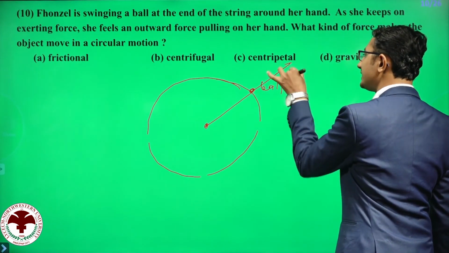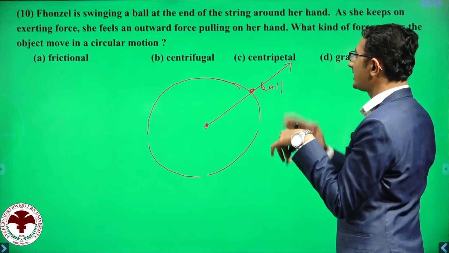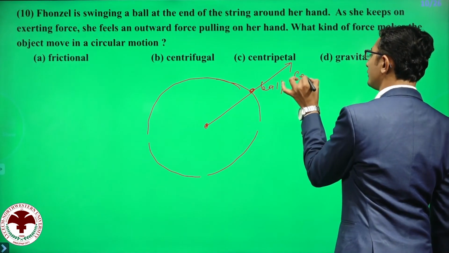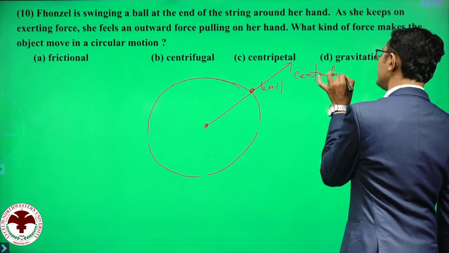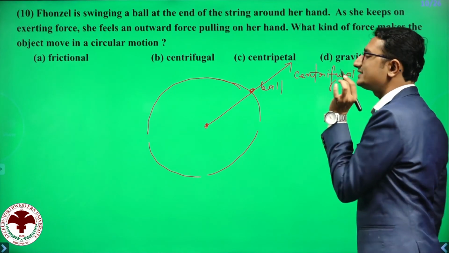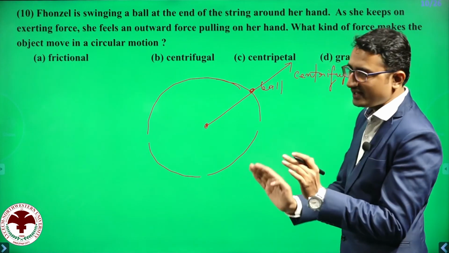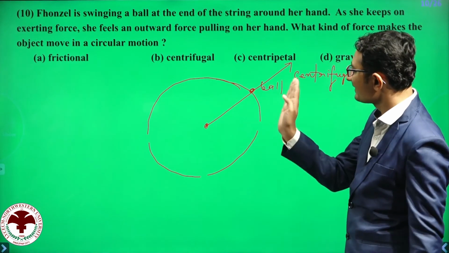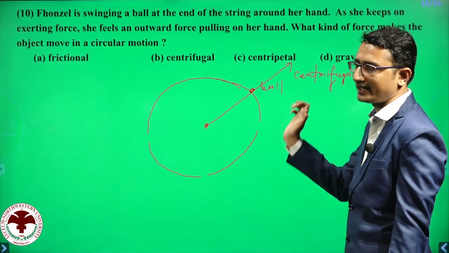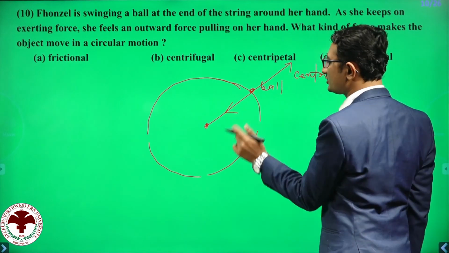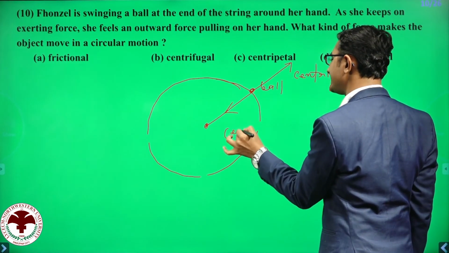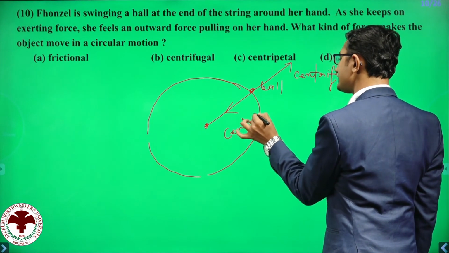The first one, which is in the outward direction, opposite to the radius, is called the centrifugal force. This force will always have the direction opposite to the radius, away from the center. The other is towards the center, and this force is known as the centripetal force.